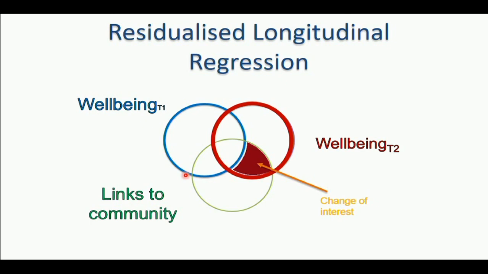Rather than dealing with abstract terms like IV, DV, links to community, there's some shared variance with our well-being at time 2, so all of this part here. But when we control for the baseline level and we partial that out, the only thing that's left is our change.